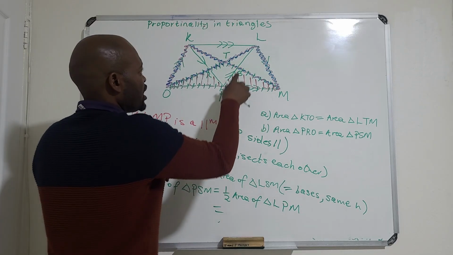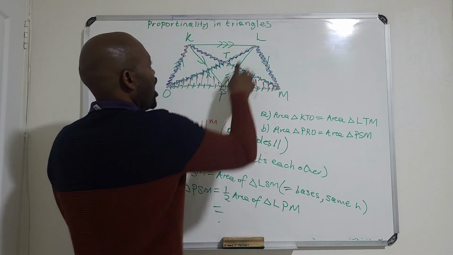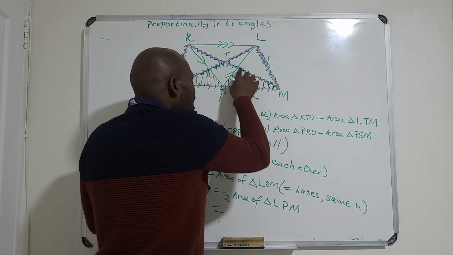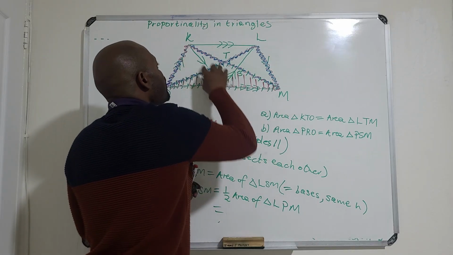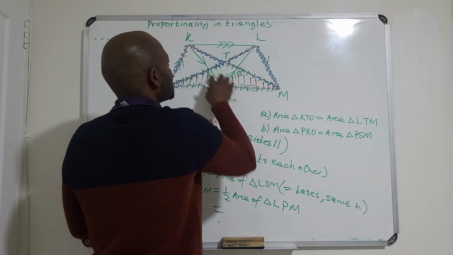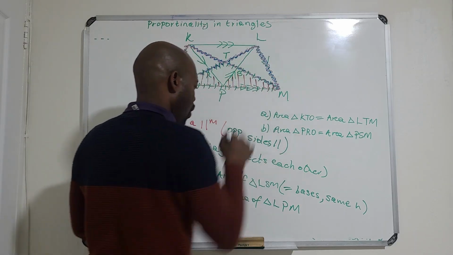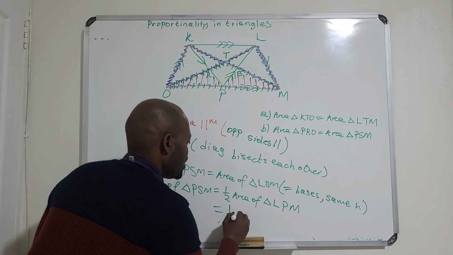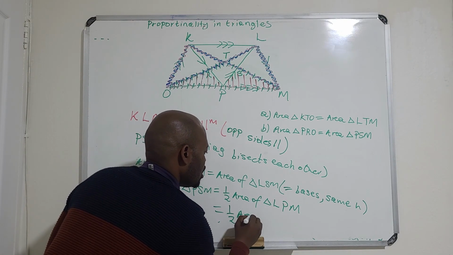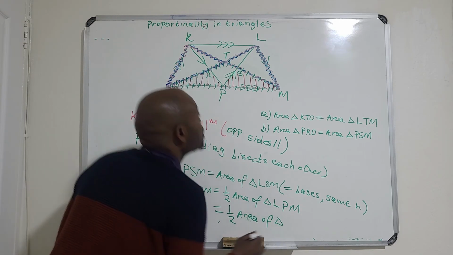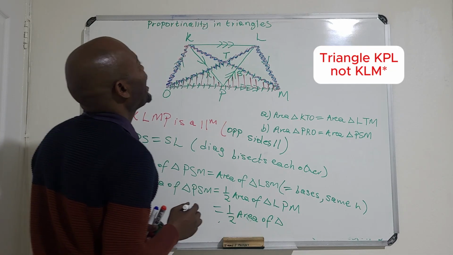Therefore, this triangle is half of this triangle, which is also half of triangle KLM.